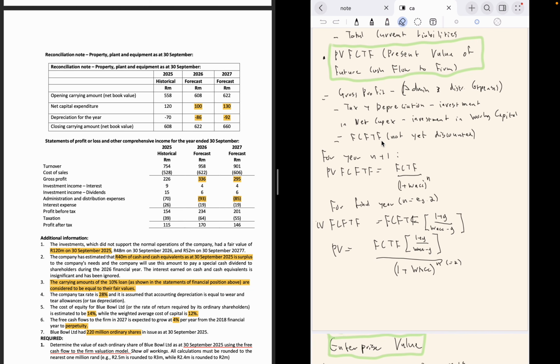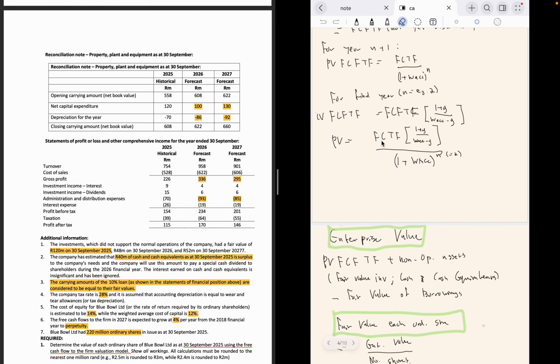Then for the final year, which is 2027 here, you take the future cash flow to the firm. I think I've made a small mistake here, but basically you discount what you get for that specific year. And then you take that value, you multiply it by 1 plus g over WACC minus g to get the total value, but it all makes sense when we go through it.